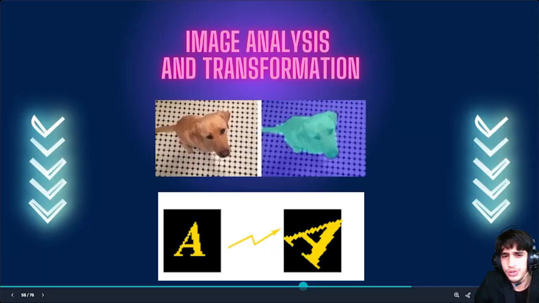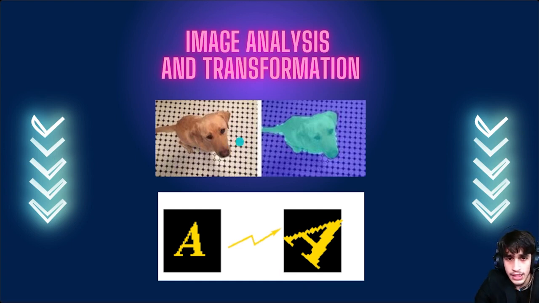First of all, we will go through the topic of image analysis and transformation. So, what is image analysis and what is image transformation? Image analysis is a process of extracting meaningful information from an image, like detecting the object in the image or measuring similarity. Here, in this image, there is an object, which is a dog. So it's our analysis of the image, what we find out in the image.